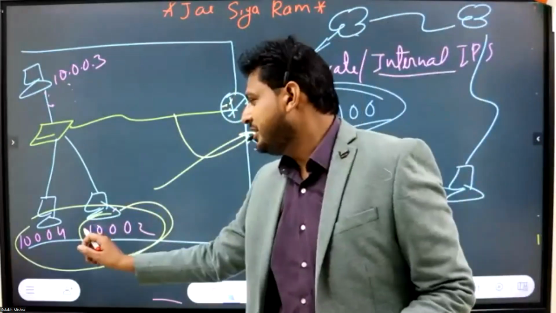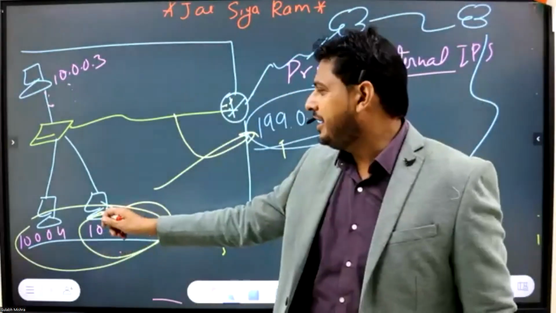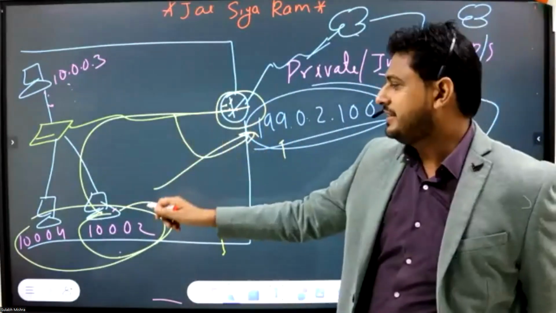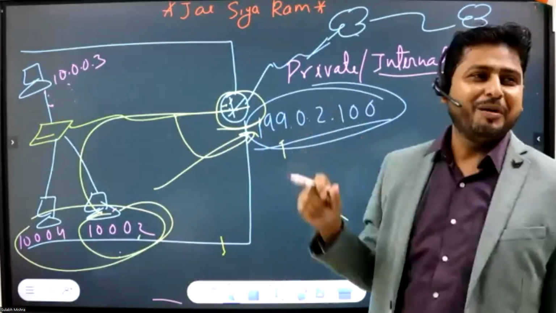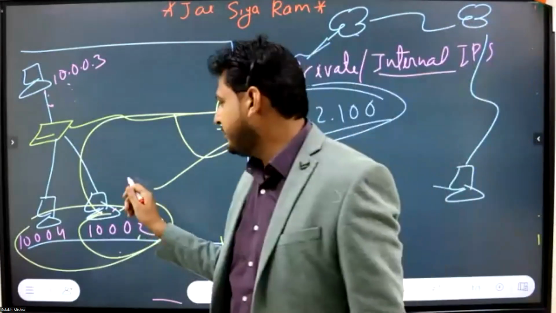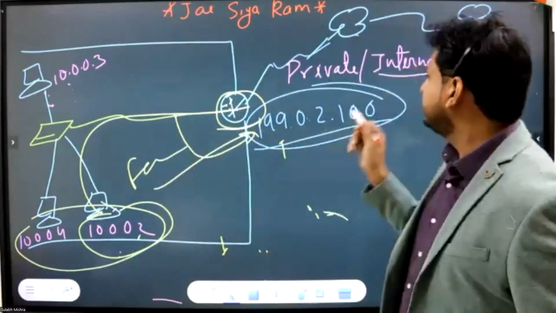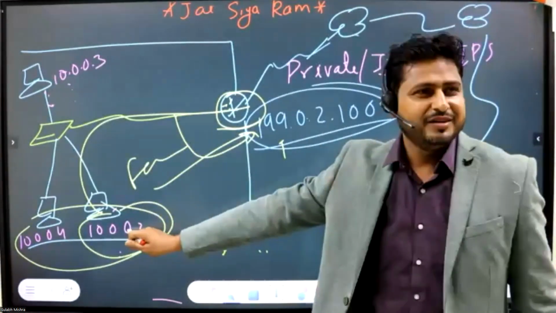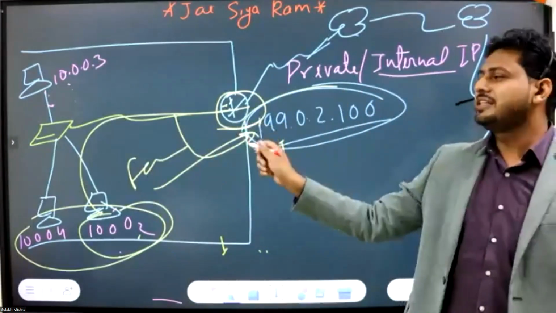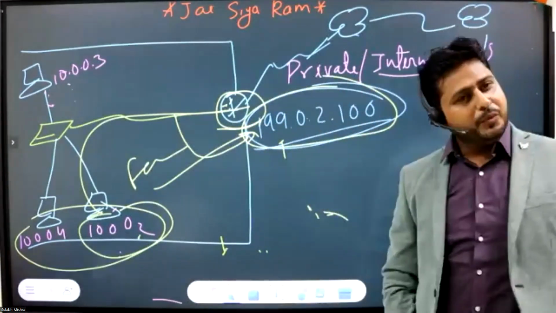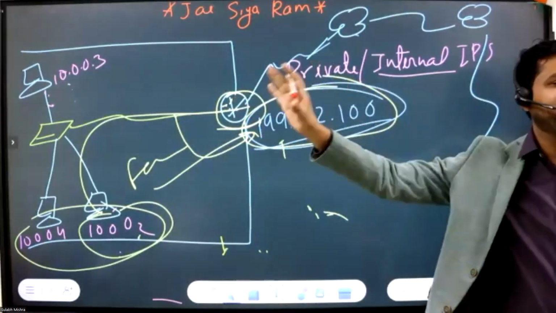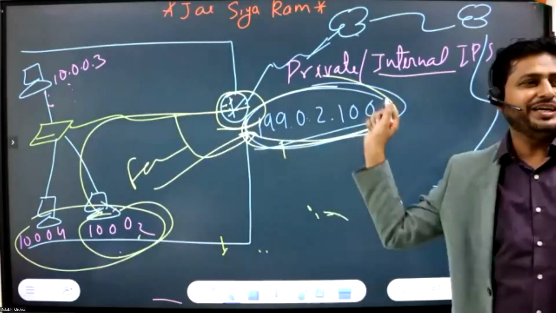Now here you can see people are using private IP addresses. When they access the internet, the mapping happens, and the private IP maps to the public IP. When you access, for example, facebook.com, Facebook will not see the private IP address, but will see the public IP address. If 10 computers are accessing Facebook at the same time, Facebook will see 10 different connections from the same IP address.